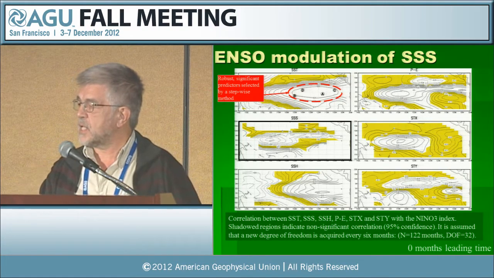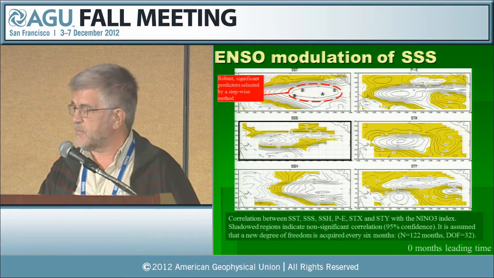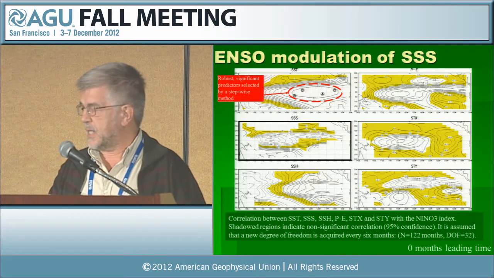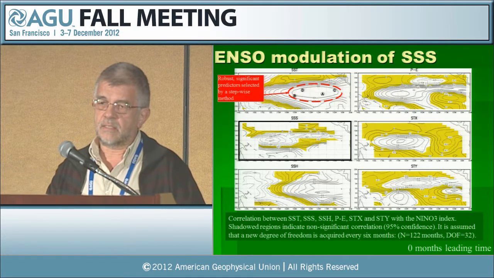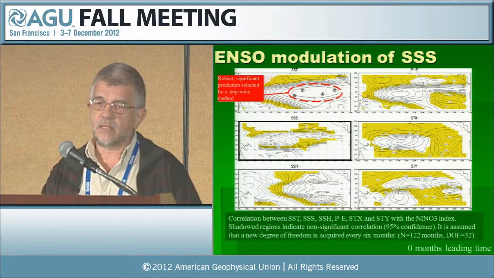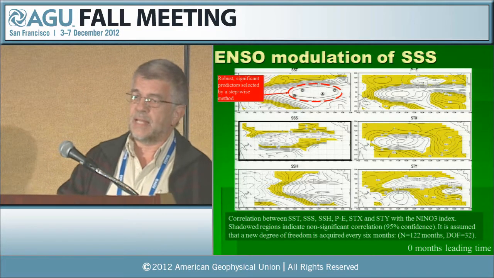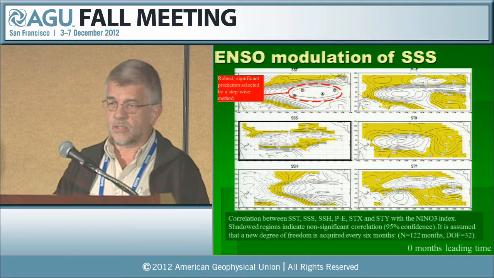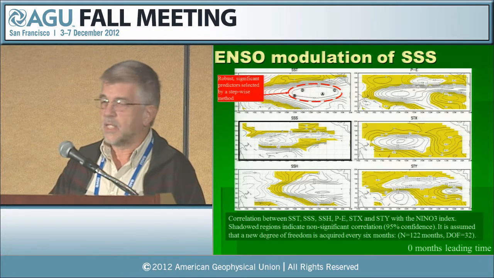So we can see where the maximum correlation is for the different variables, and this is for a time lag of just 0. It means the index is correlated with the simultaneous variables. The idea is to identify what could be predictors of the occurrence of El Niño in these variables.